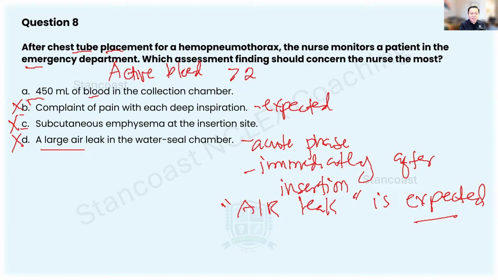Anything above 250 mLs after the insertion is a sign of hemorrhage. Please take note of that. After the insertion of the chest tube, if the drainage exceeds 250 during the first 24-hour period, think about hemorrhage that is going on. There is an active bleeder in the patient's chest. Our answer here is letter A.